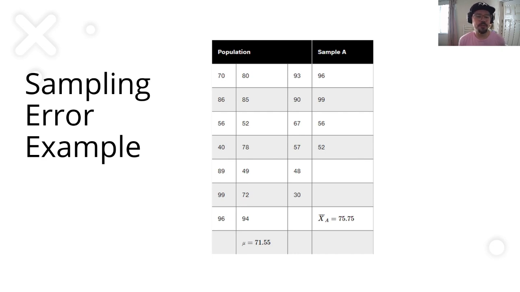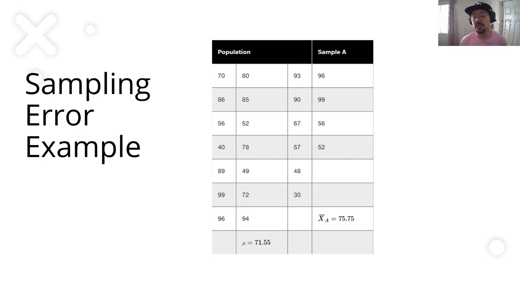And so again, if you pause the video here, you can find that the score of 96 is represented in our population. The score of 99 in sample A is part of the population of scores. 56 is represented and 52 is represented. Now remember, the sample is not going to be the same number of people as the population. So the idea isn't that I'm able to gather every single person from the population as part of my sample. My sample only includes 4 scores.